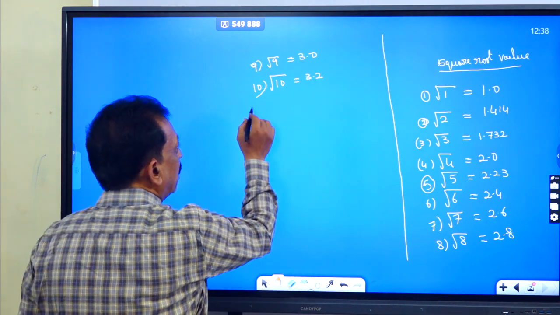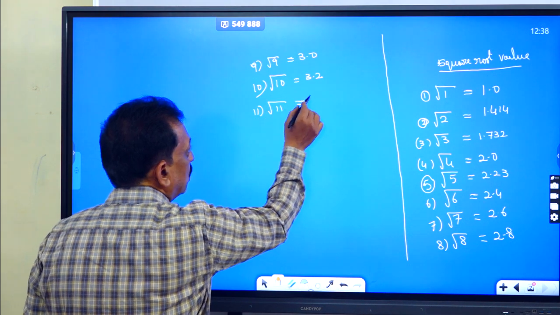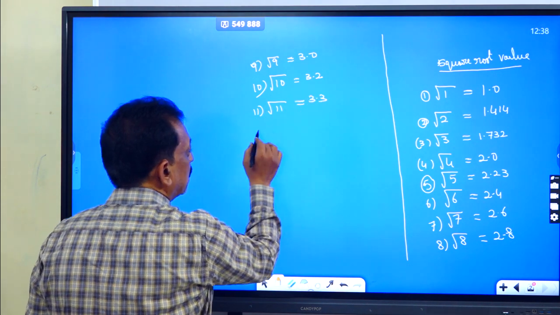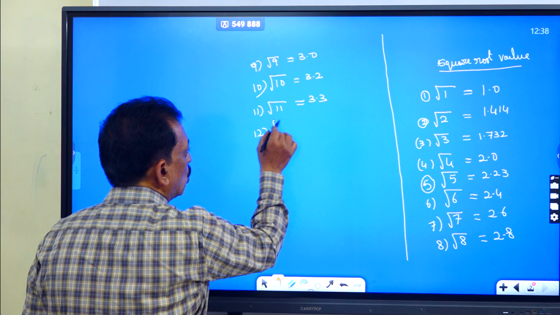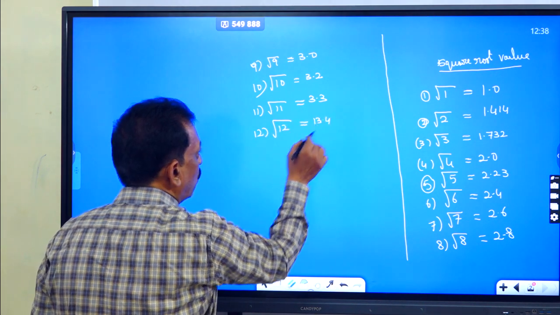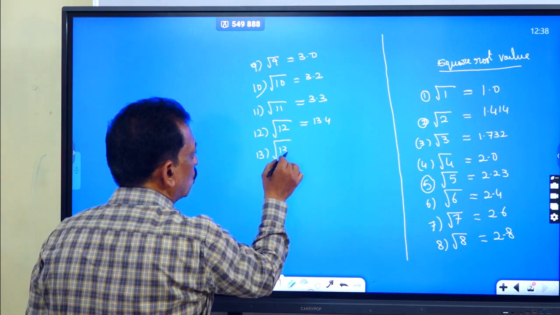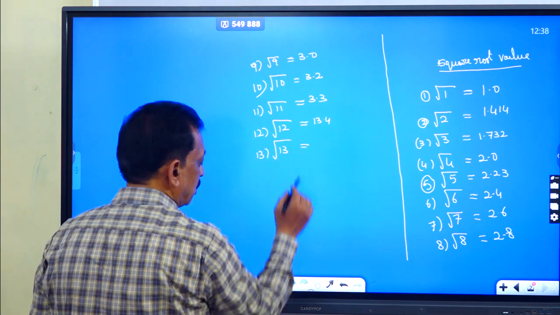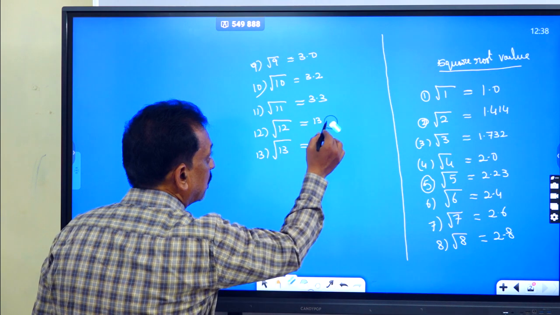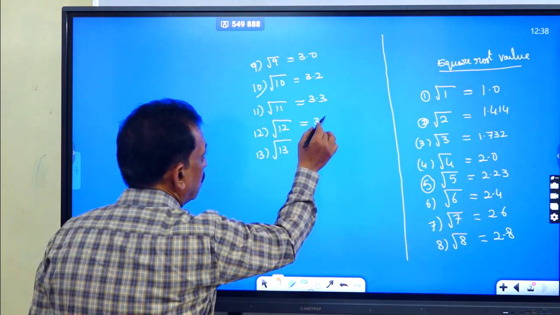here I have introduced, okay, and root 11 is equal to 3.3, root 12 is equal to 3.4, and root 13 is equal to, slightly jumpy there, root 12 is equal to how much? 3.4.